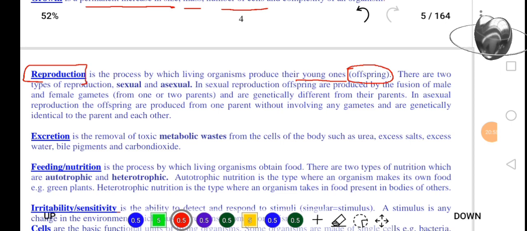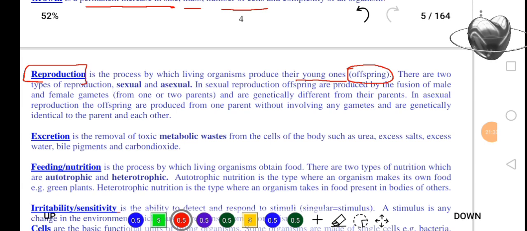When you reach the maturity where you are able to reproduce, you'll be able to produce the young ones. And in that reproduction, depending on the nature of the living organisms, some undertake sexual and others asexual reproduction. Sexual reproduction involves the use of gametes or sexual cells.